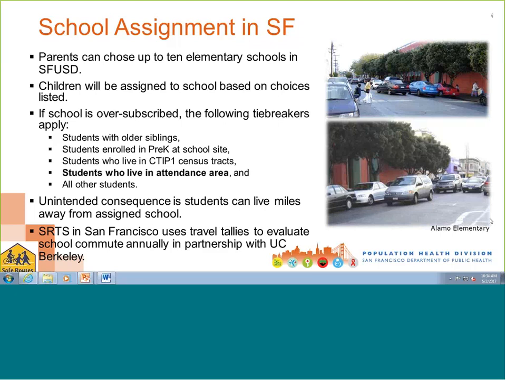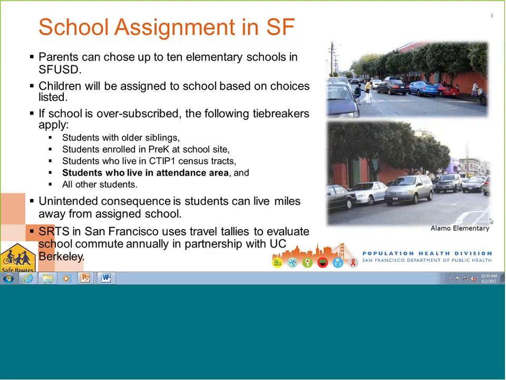But if there is a school that is oversubscribed with applications, there are tiebreakers, and as you can see from the list here, the fourth tiebreaker is an attendance area that has been drawn around the school. This system was set up in 2010, and so this is the first time in a few decades that they had put back in some kind of geographic area for a tiebreaker.